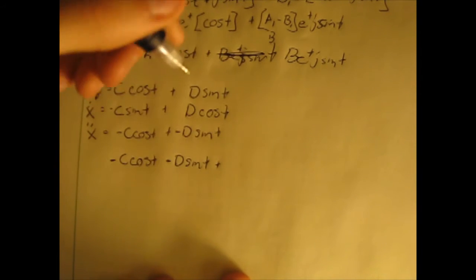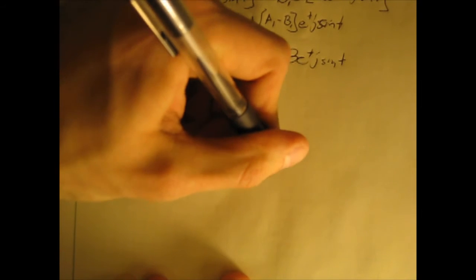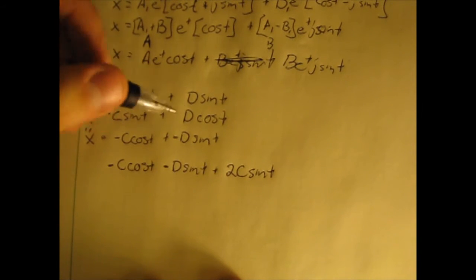So then we will end up with negative 2 times negative c, which is just 2c sine t. And then negative 2 times d is going to be negative 2d cosine t.